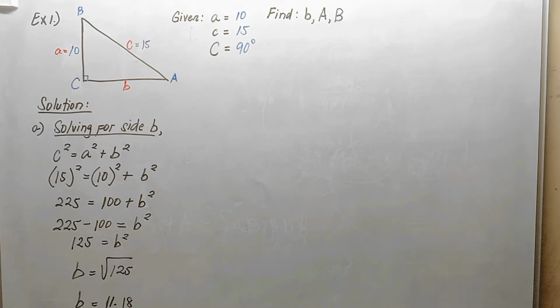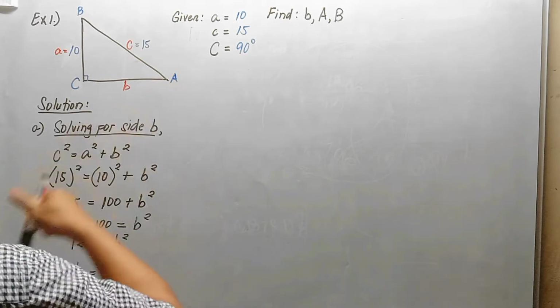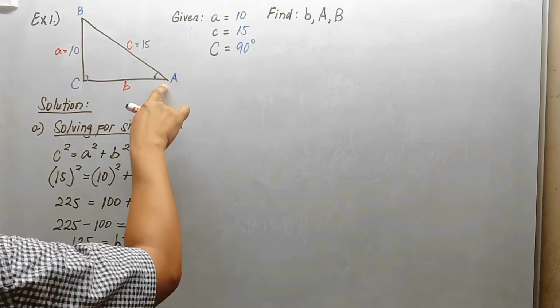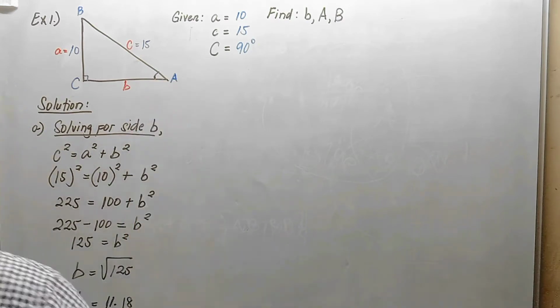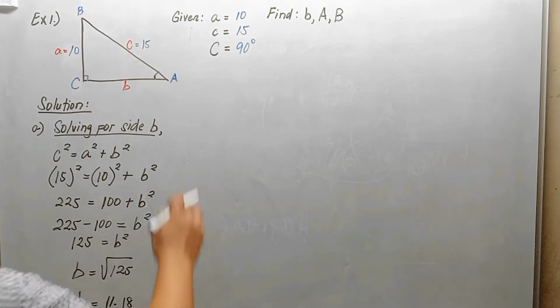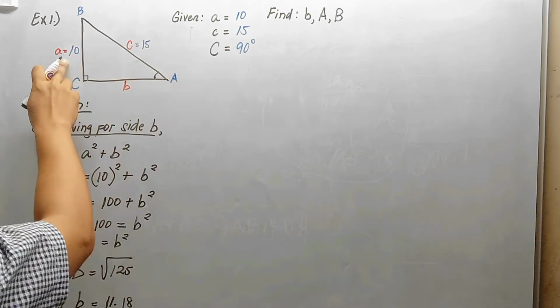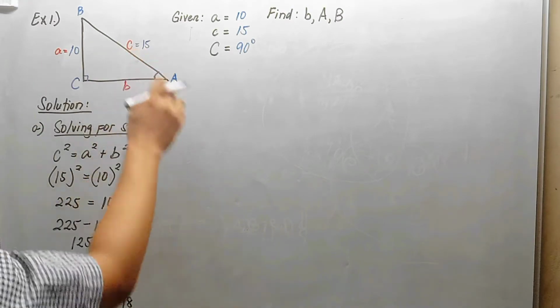So, by applying the trigonometric function, guys, if you want to find the angle for this one, you can use sine, guys, right? Sine A is equal to opposite over hypotenuse.